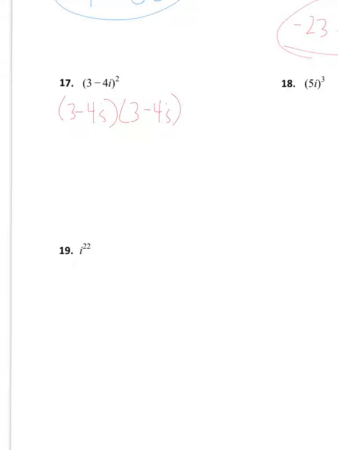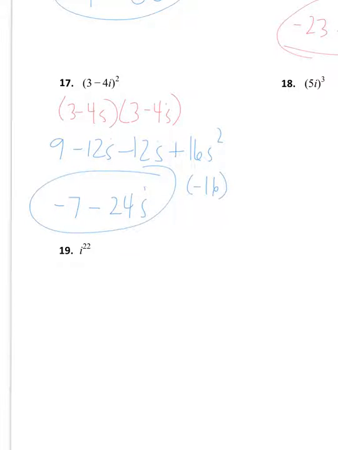Go ahead and just write it out and distribute. 9 minus 12i minus 12i and positive 16i squared, which means negative 16. 9 minus 16, that's going to be negative 7, and negative 24i is my imaginary part. Okay.